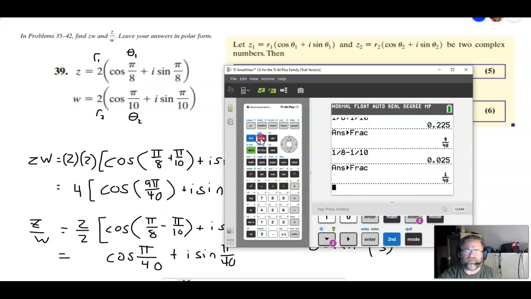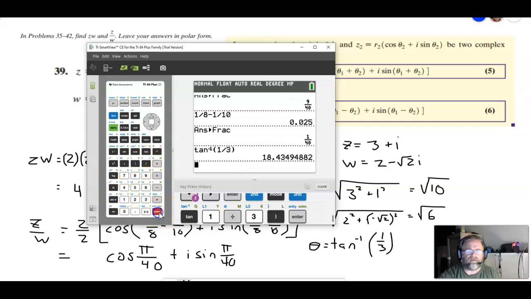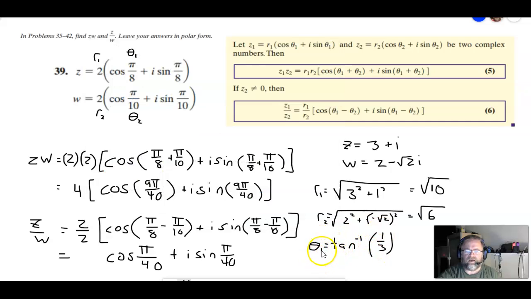It's a lot easier to tell these angles in degrees than in radians. The inverse tangent of 1 over 3 gives about 18.4 degrees for that first angle. Then we can do the same thing with the second theta, the inverse tangent of 2 over negative root 2.